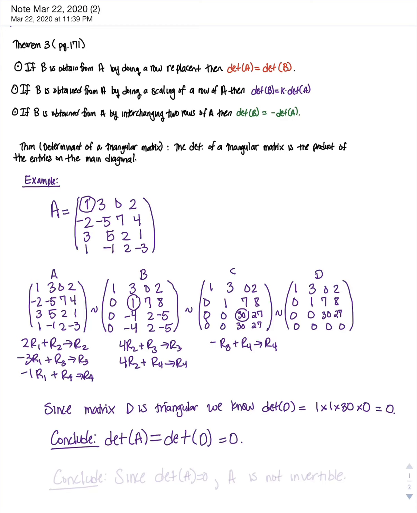So the determinant of our matrix A is 0. Another conclusion we can make to tie this in to chapter 2 is that since the determinant of A is 0, we know that A is not invertible.